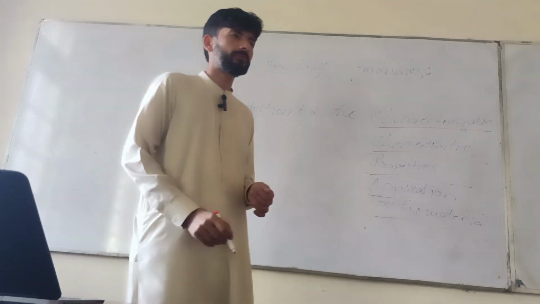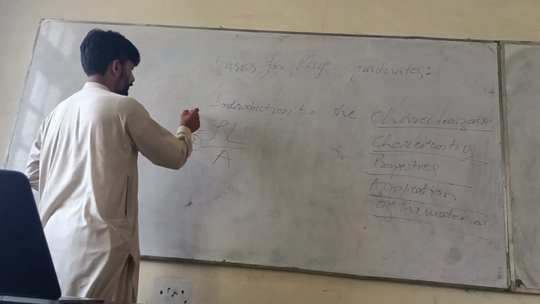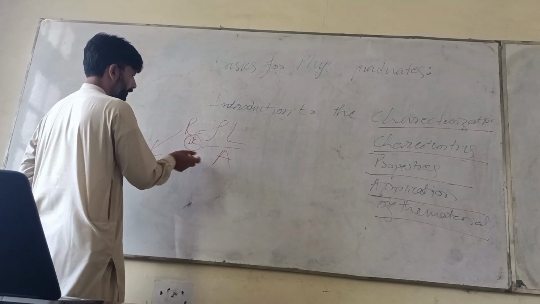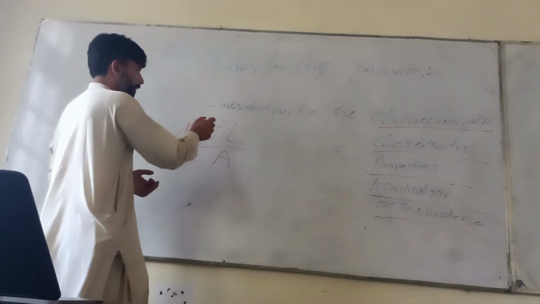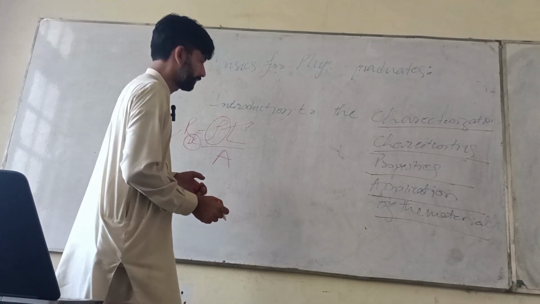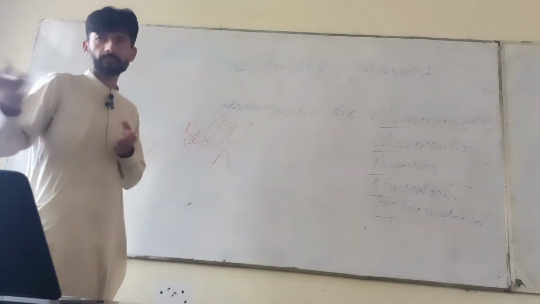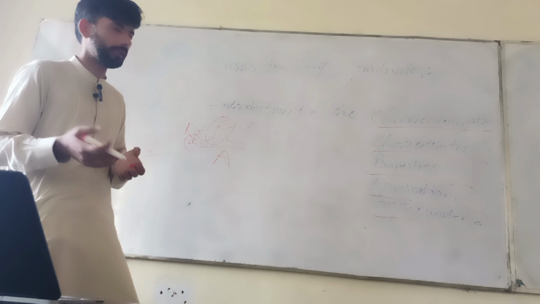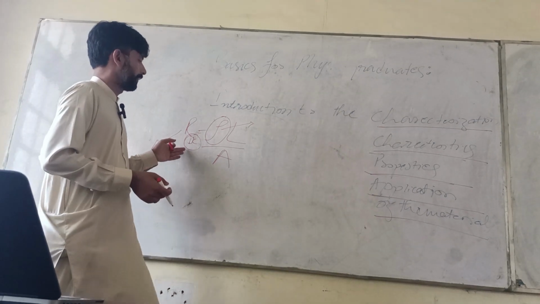This is called DC. This is a constant term, resistivity, which is specific to the material.